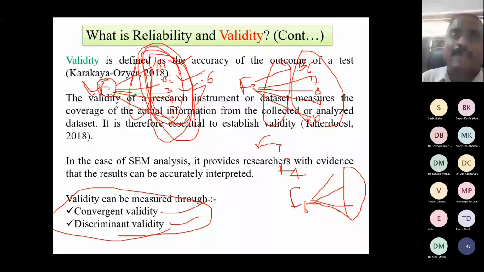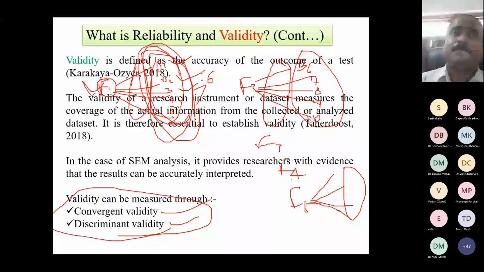That means how far the underlying 5 indicators of construct 1 is discriminating the construct 1 from the rest of the constructs. Because the researcher has specified BSI1 to BSI5 under F1. How far it is valid? Why not the BSI1 will come under F2?